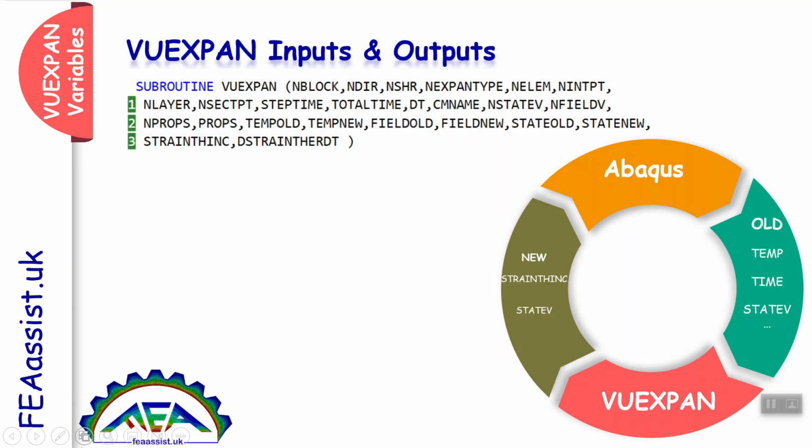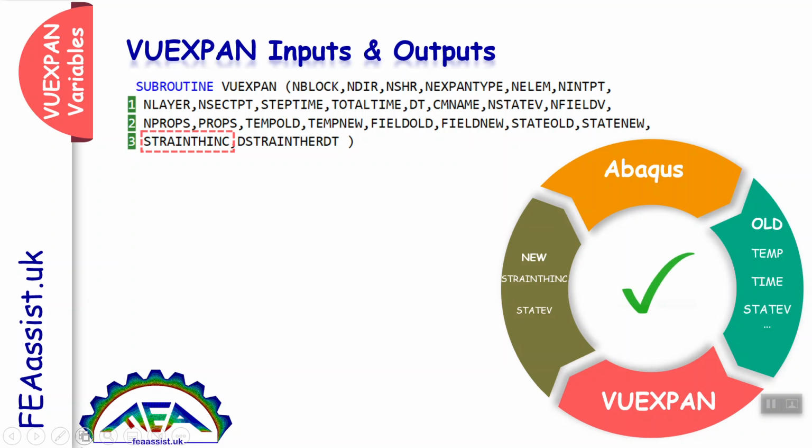Again, Abaqus uses these values to compute the new values for temperature or time state variables. This is how Abaqus and VUExpand interact with each other, which is necessary to understand well to write good VUExpand subroutines.